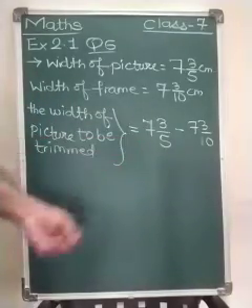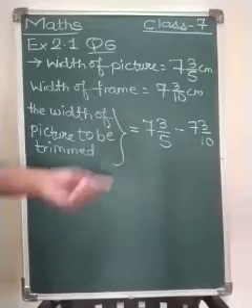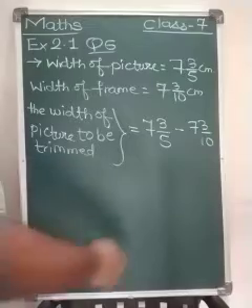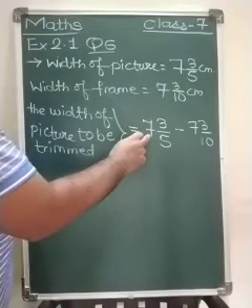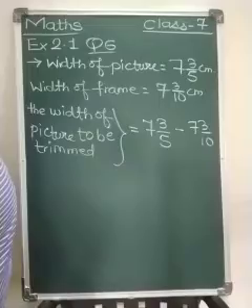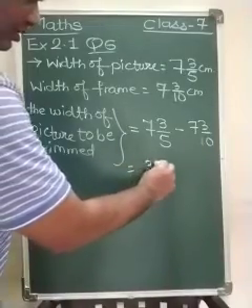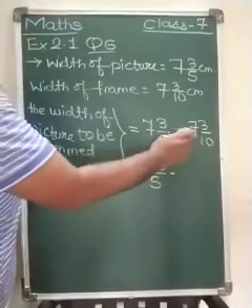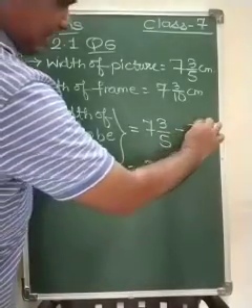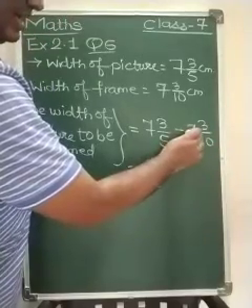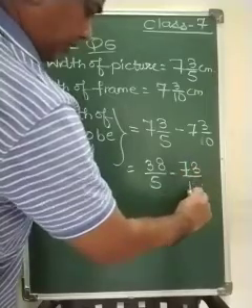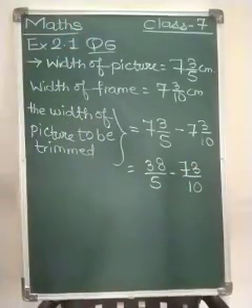Both are mixed numbers, so again convert the mixed numbers into improper fractions. How will it be converted? 7 5s are 35, 35 plus 3, 38. So this equals 38 upon 5 minus, 10 7s are 70, 70 plus 3, 73, so 73 upon 10.